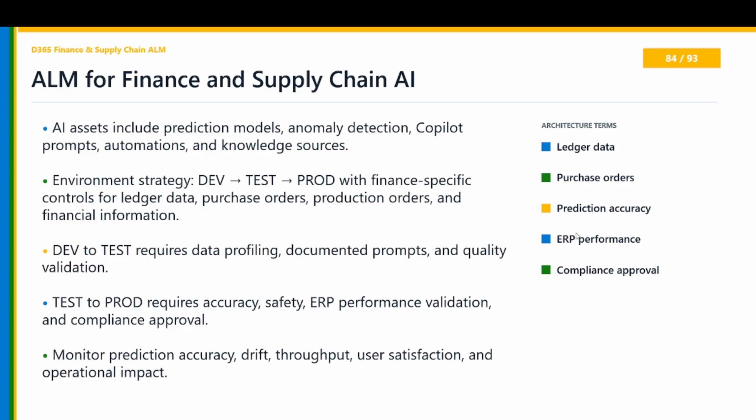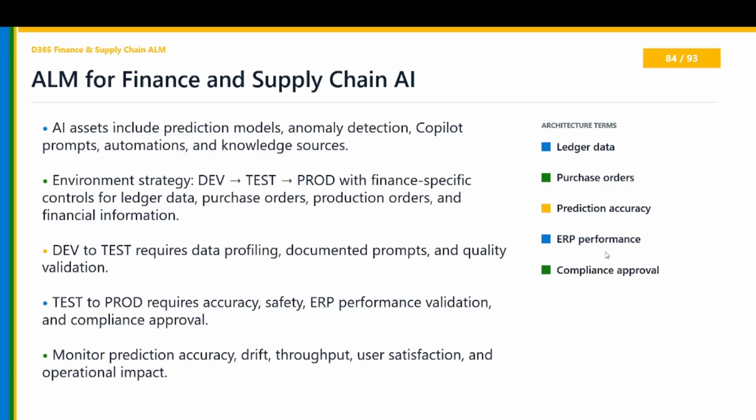Then we have prediction accuracy. How does the agent predict? Is the outcome of the agent prediction accurate when the agent assigns a purchase order to a particular supplier? Is the purchase order accurate or duplicate? Then we have ERP performance. ERP is enterprise application, like this Dynamics 365 Finance and Supply Chain application, their ERP system.